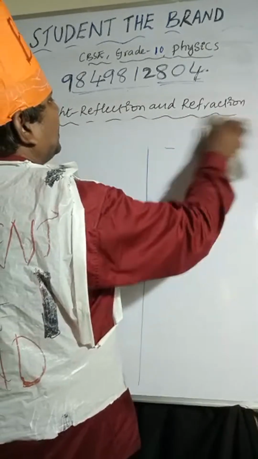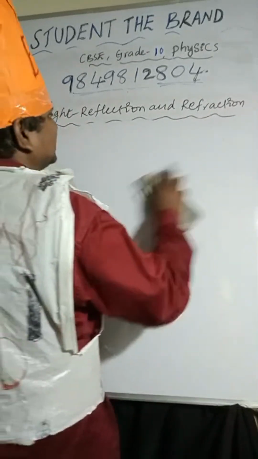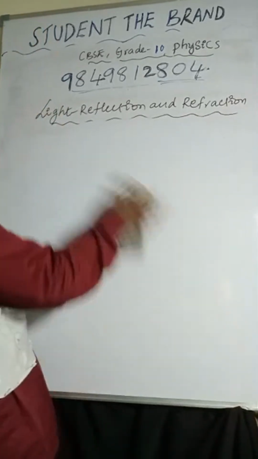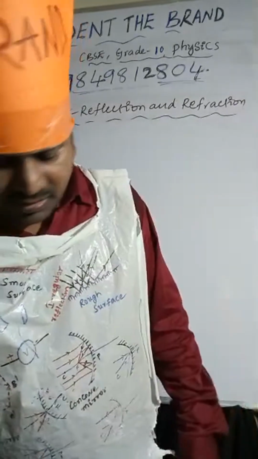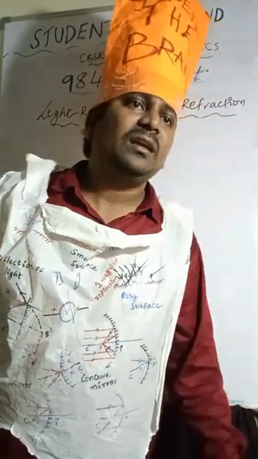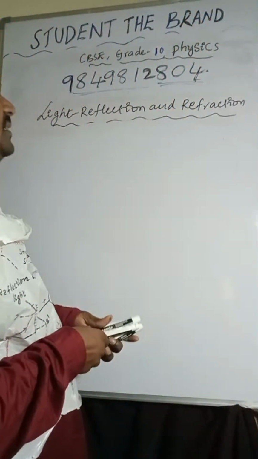Distance is negative opposite to the incident ray. Distance is positive above the principal axis. Distance is negative below the principal axis.